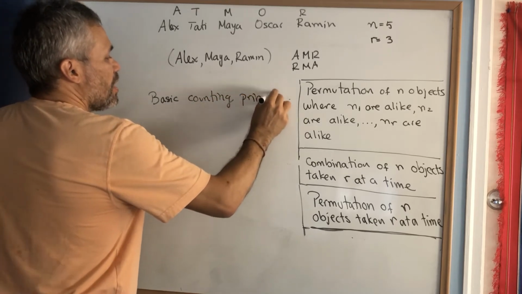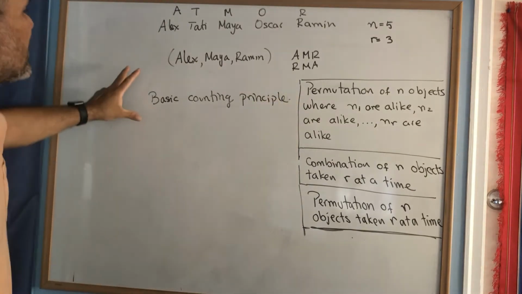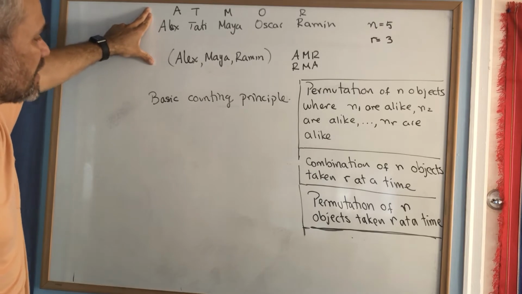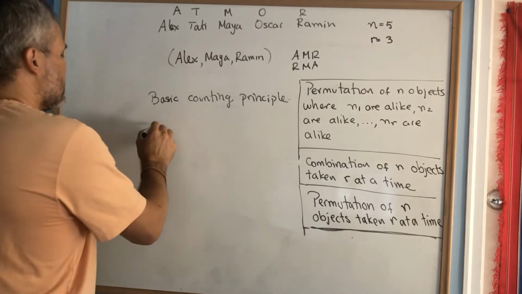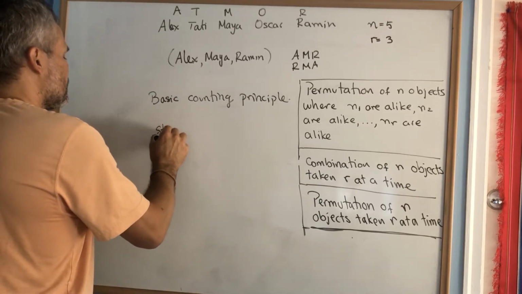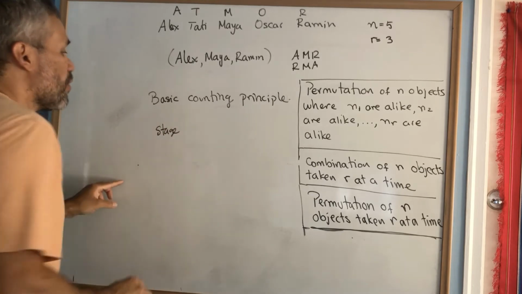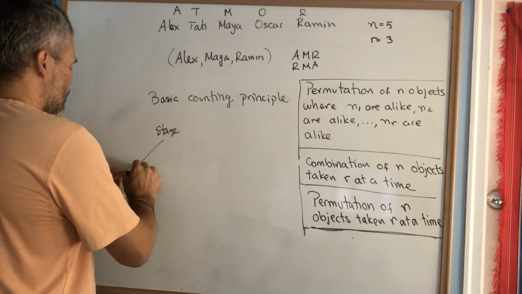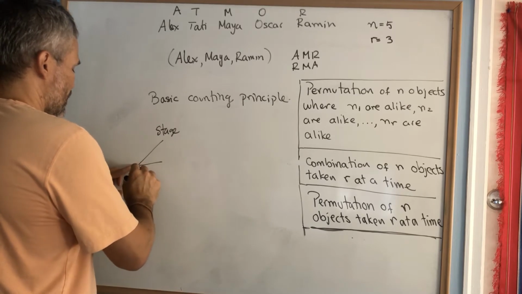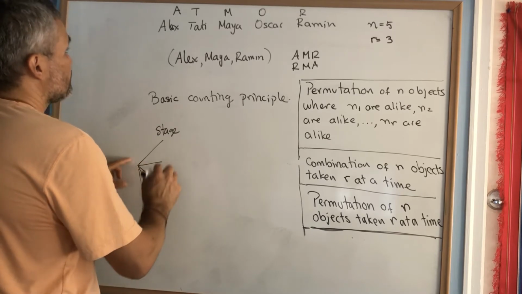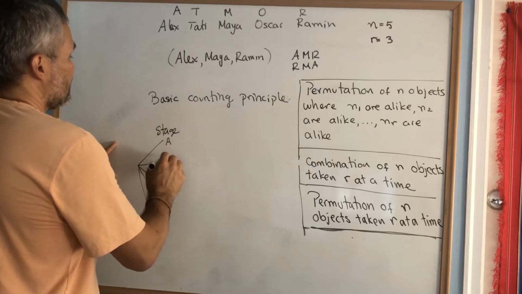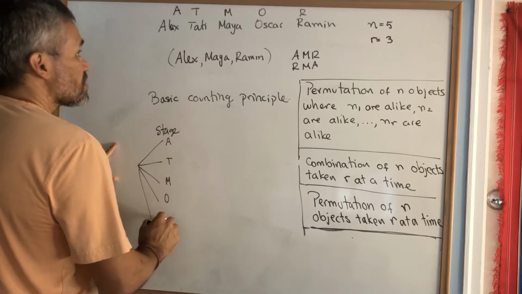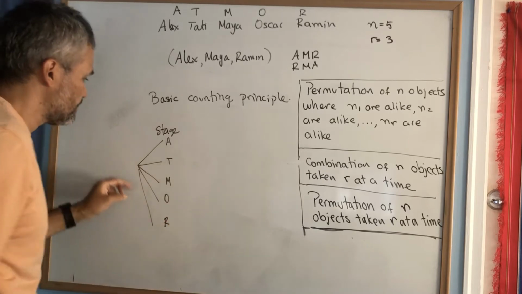We can explain this experiment using stages. In stage 1, we select who got first. In this case, we have 5 possibilities: Alex, Tati, Maya, Oscar, and Ramin.